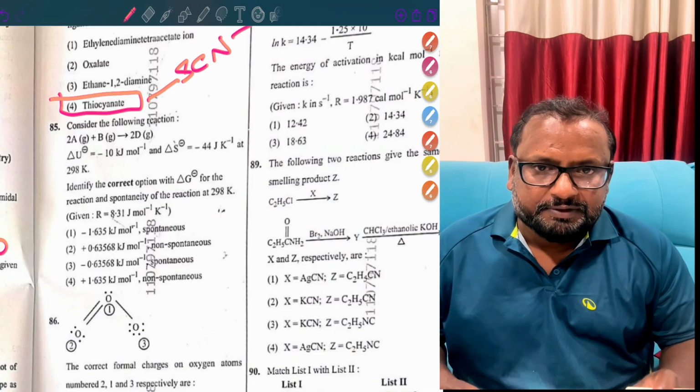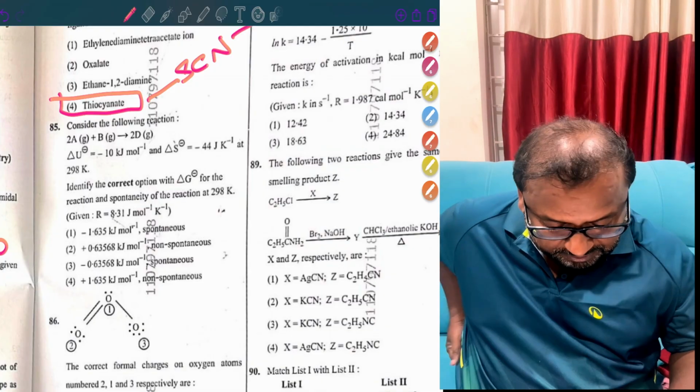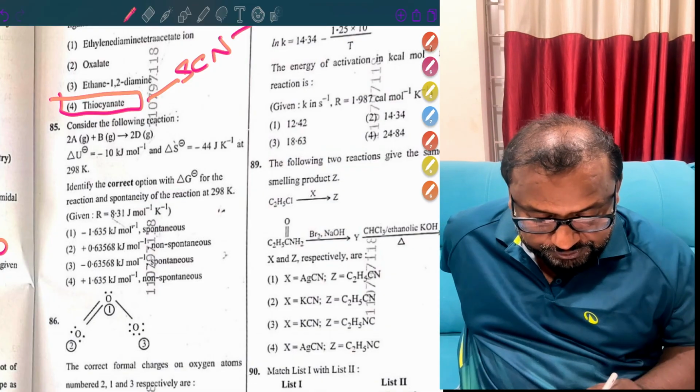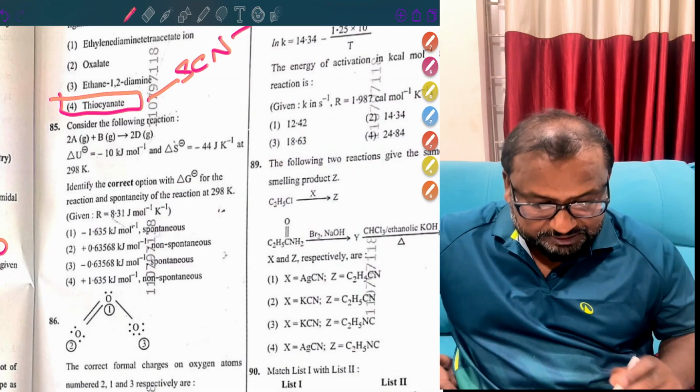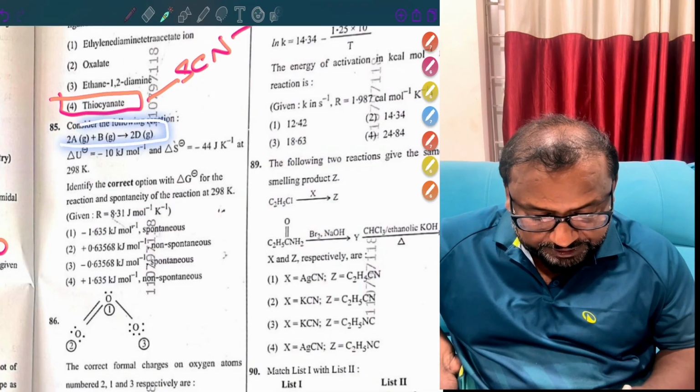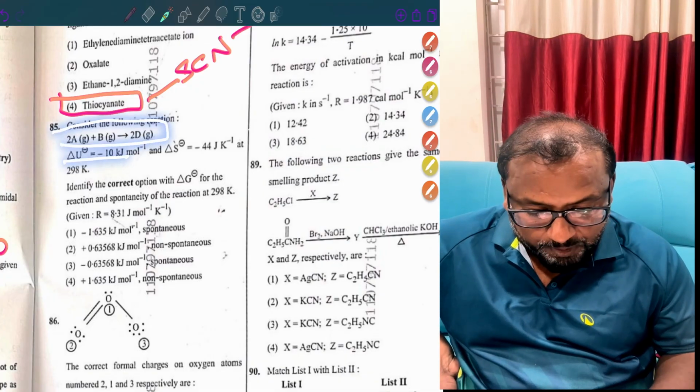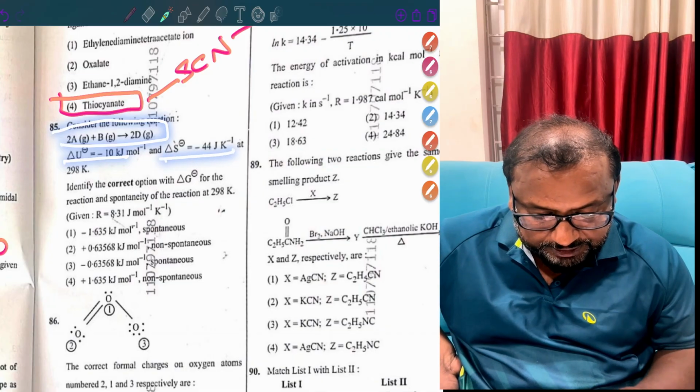So 85 is a bit lengthier one, but how can we do it? What is the question given to us? Just we'll fix it. One reaction is given to us, this is the reaction.